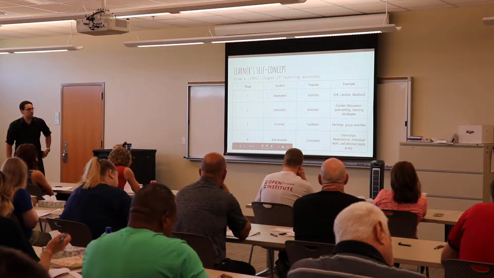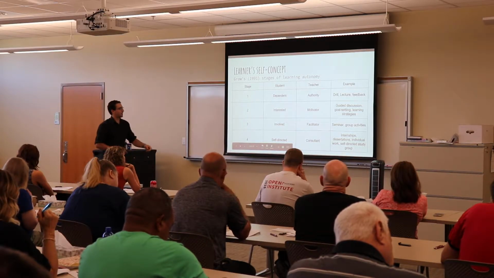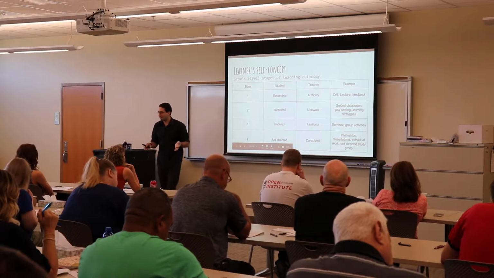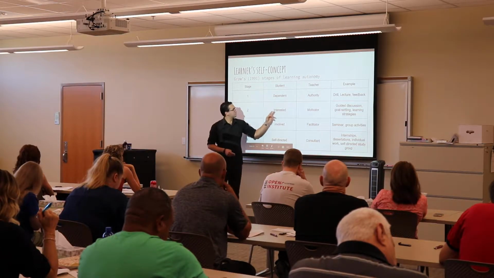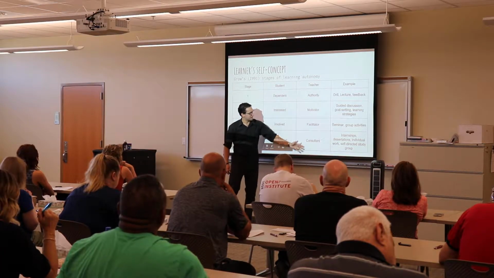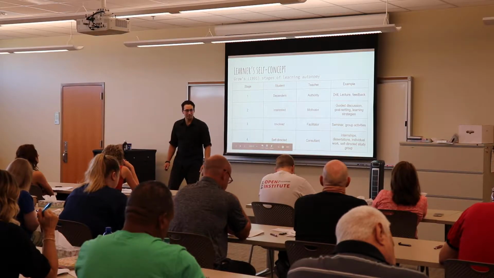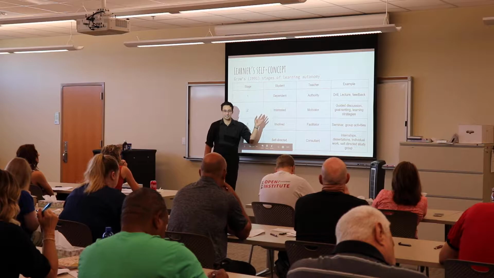If you look at Grow's stages of learning autonomy, you've got these 4 stages. Think about the stage that we're in right now, okay? You as a student, where do you feel you're at? And how does that affect where I'm at? Interesting, right?